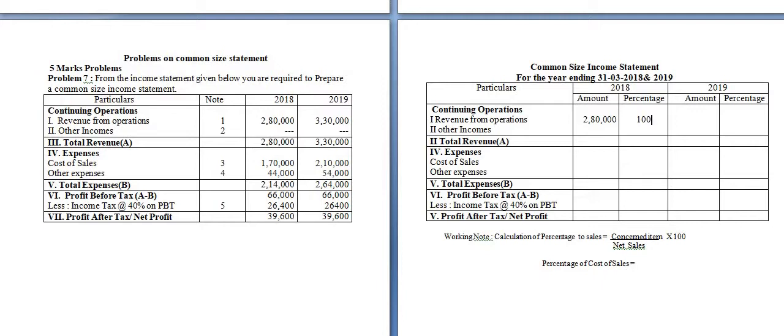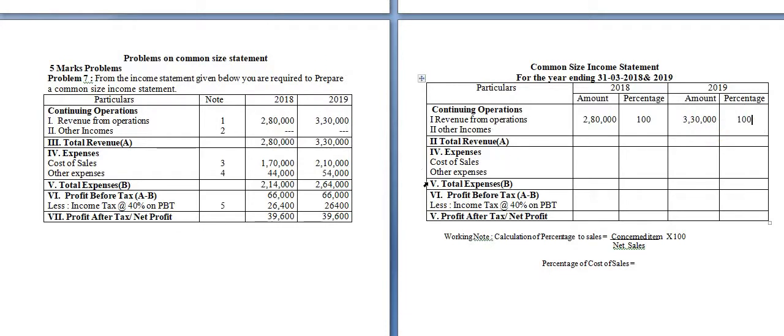Why 100? Because this is the sales amount, and in common size income statement the net sales will be considered as the common base. Therefore the percentage of net sales, that is revenue from operations, will be 100%, and remaining all other items of the income statement will be compared with this amount.